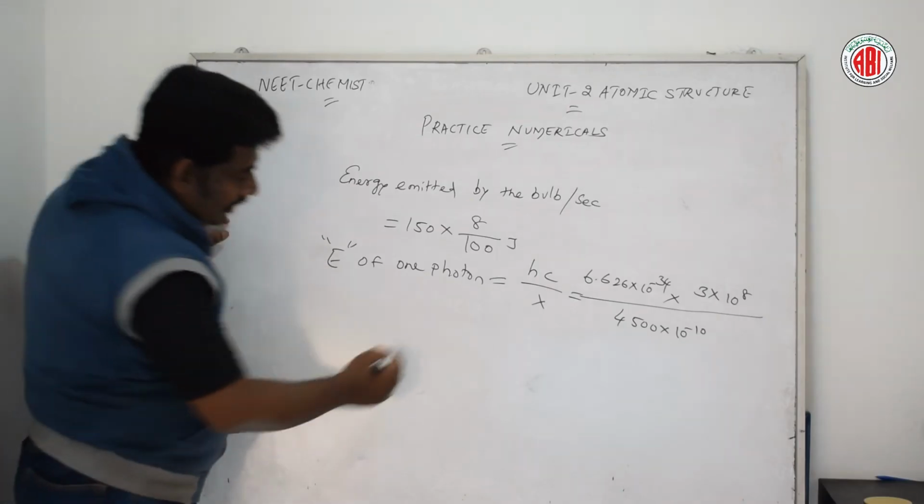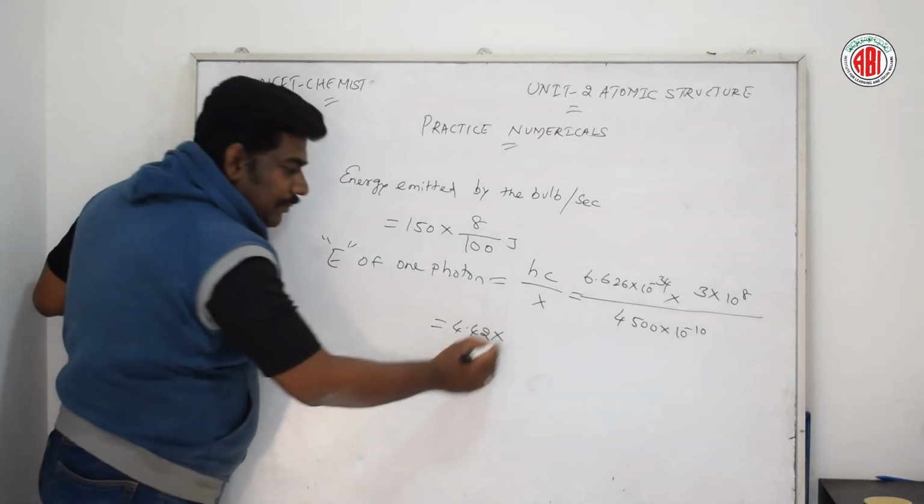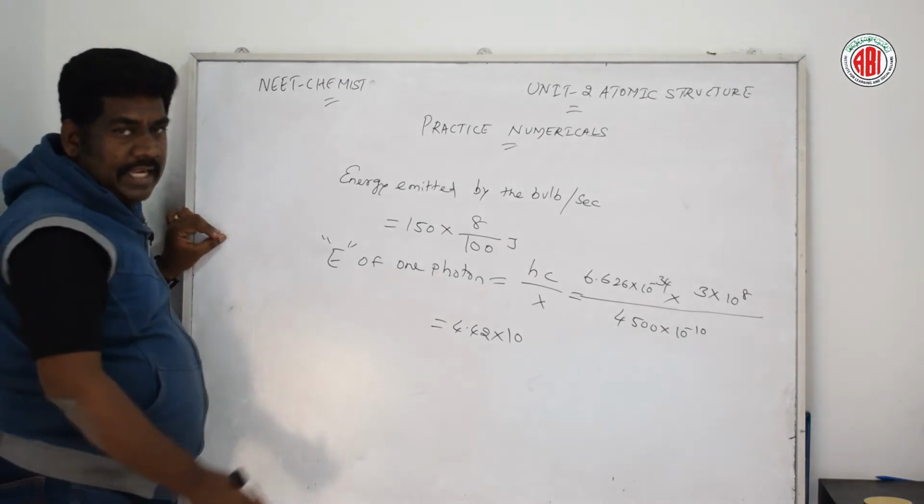Simplifying this, we get 4.42 into 10 to the power of minus 19 joule.